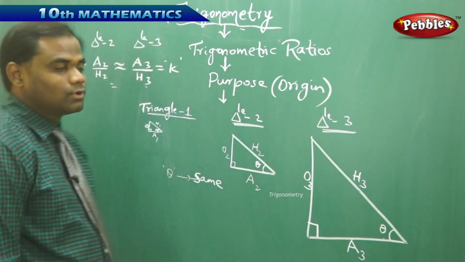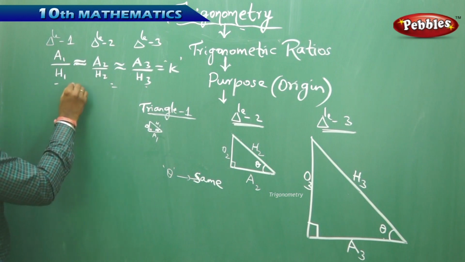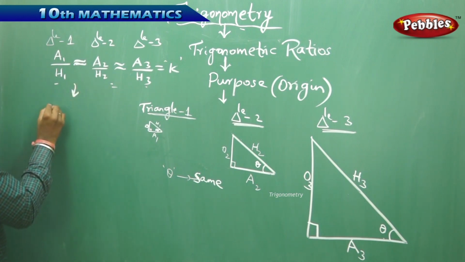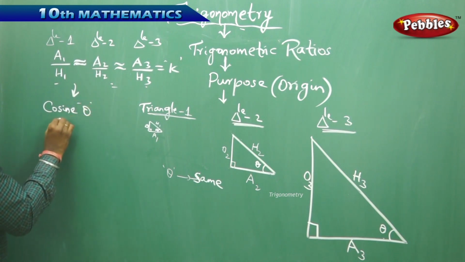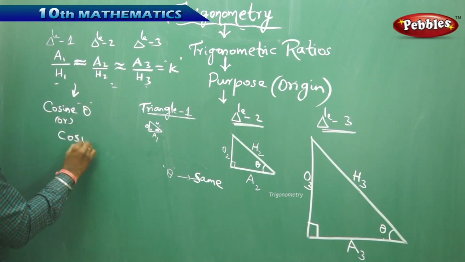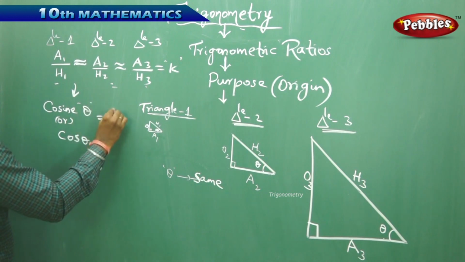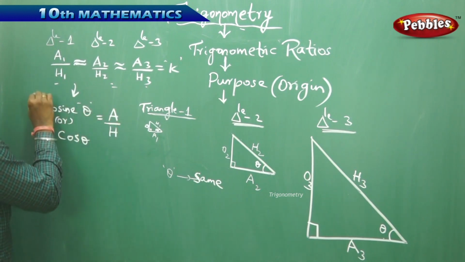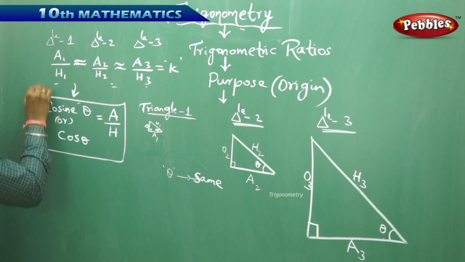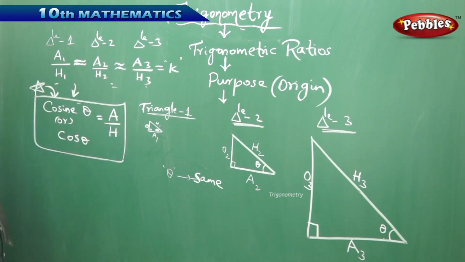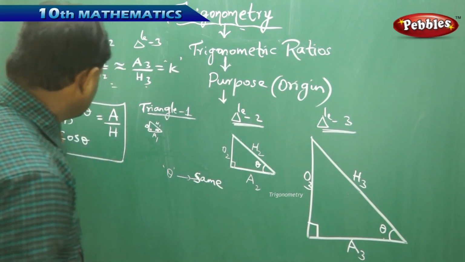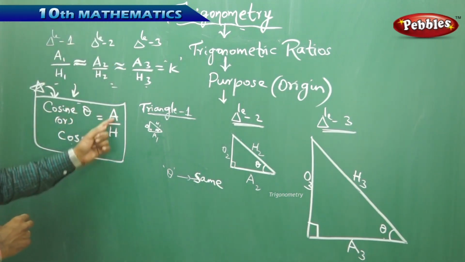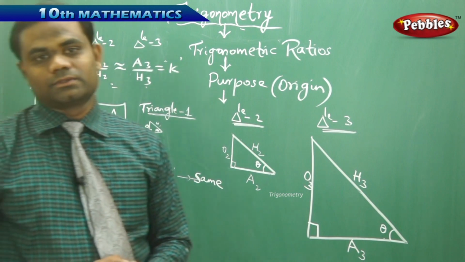So cos theta is adjacent by hypotenuse, which has been derived as the formula for a trigonometric ratio. One of the trigonometric ratios is cosine theta, or cos theta, which is adjacent by hypotenuse.